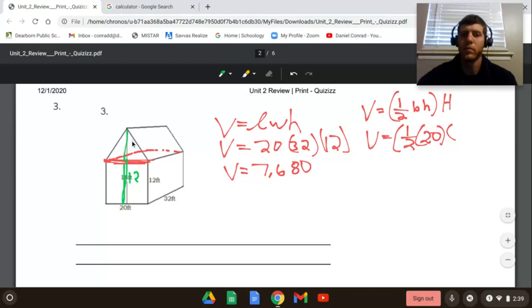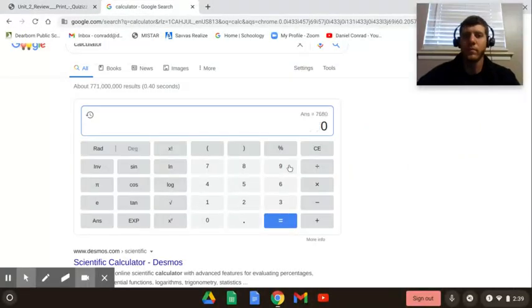So that means the height of our triangle needs to be 6, because this whole thing is 18, this bottom piece is 12, so 18 minus 12 gives us 6. Okay, and then the height really is the distance between the bases, so that's the distance between the two triangles in our triangular prism, which would be 32. Okay, so 1/2 times 20 times 6 times 32.